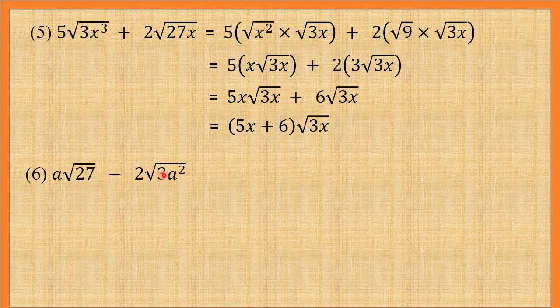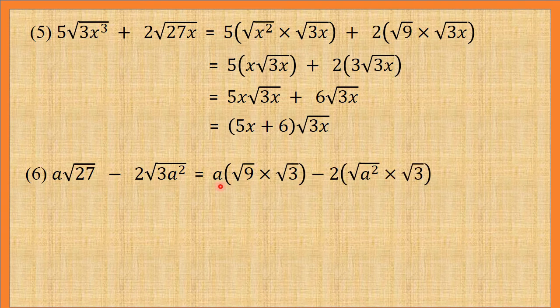And here we look for common factors again. When we look at 27 and 3a squared, the common factor here would be 3. So we simplify this as root of 9 by root of 3 minus 2 root of a squared by root of 3.